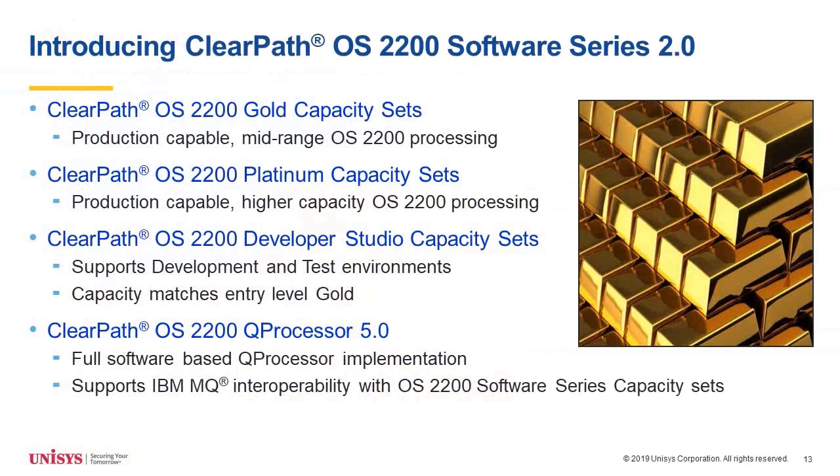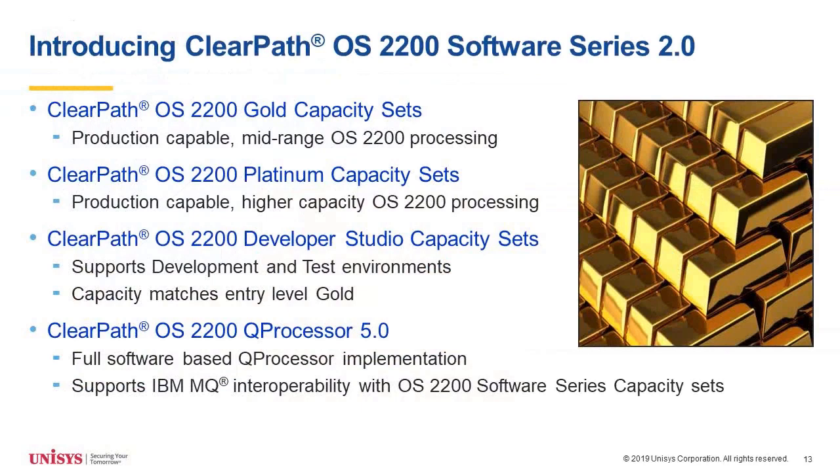We have a new release of the OS 2200 Developer Studio, and much like our SDK environments for Dorado, this is a development and test only licensing option, but it provides additional strengths and capabilities for added development of all OS 2200 pieces.